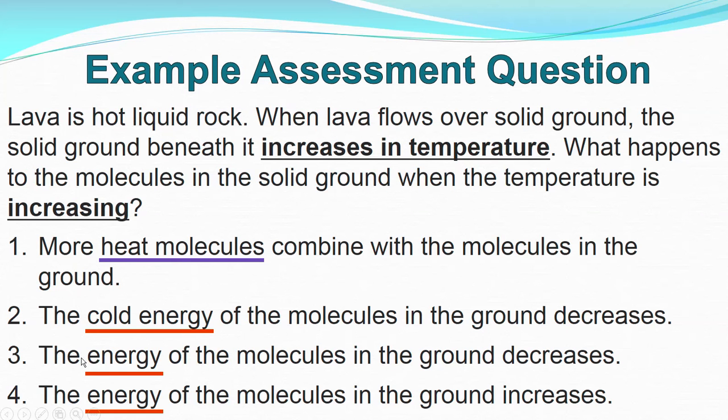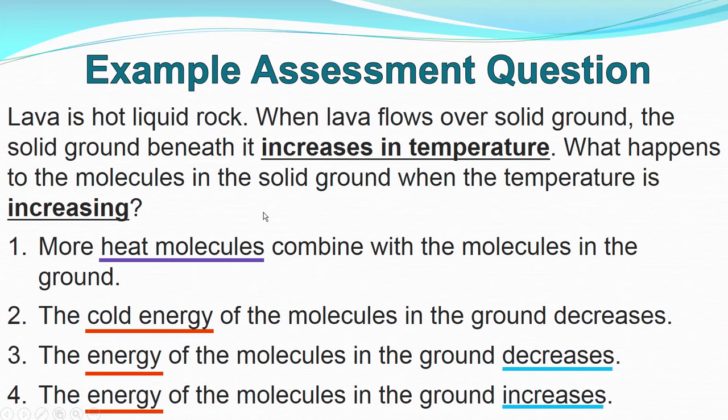So if we look at the last two choices, let's try to understand how they're different. If you look at them, you can see they're almost the same until we get to the end. The energy of the molecules in the ground decreases, or the energy of the molecules in the ground increases. And so if we review the question where it says when lava, again, a very hot substance, flows over solid ground, the solid ground beneath it increases in temperature.